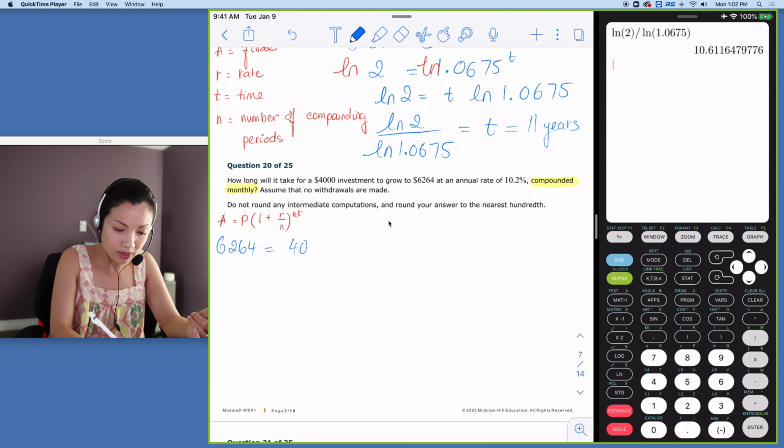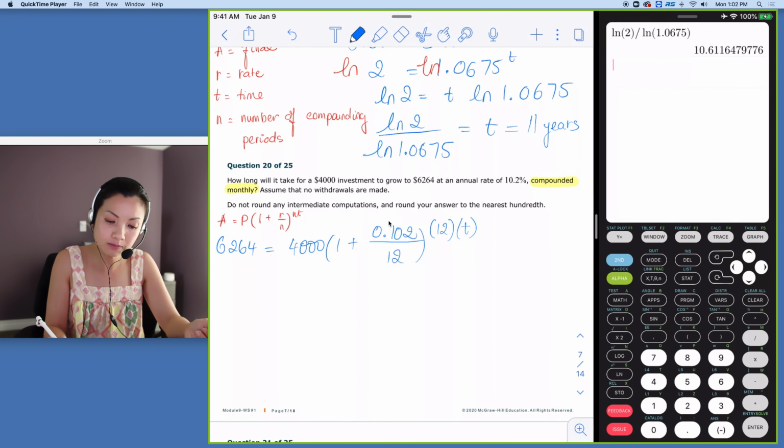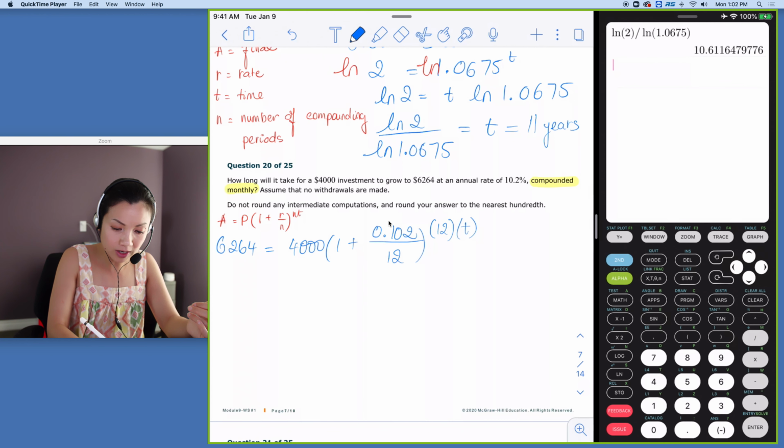P is 4,000. 1 plus R is 0.102 over, this time N is going to be 12. And then I have 12 times t. Okay.